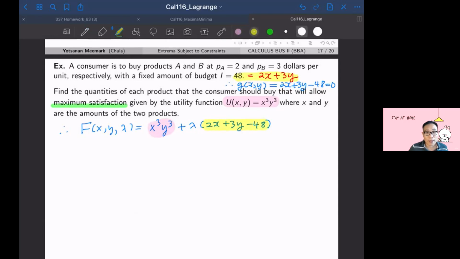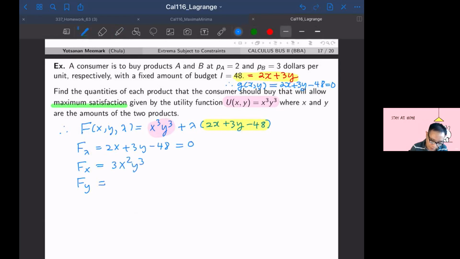Okay. And then you see that for this one, you need to compute F lambda, which is 2x plus 3y minus 48, F x and F y. Okay, and you're gonna have x and y. Let's complete this one. So it's gonna be 3x squared y cubed.